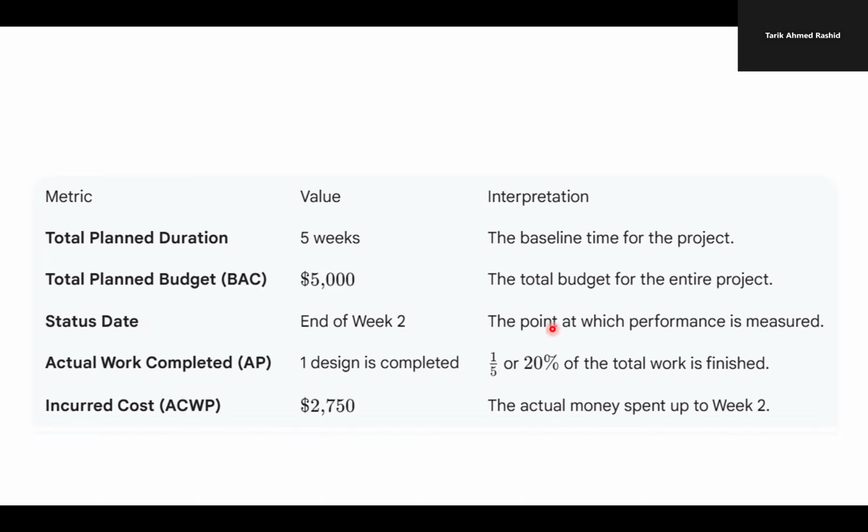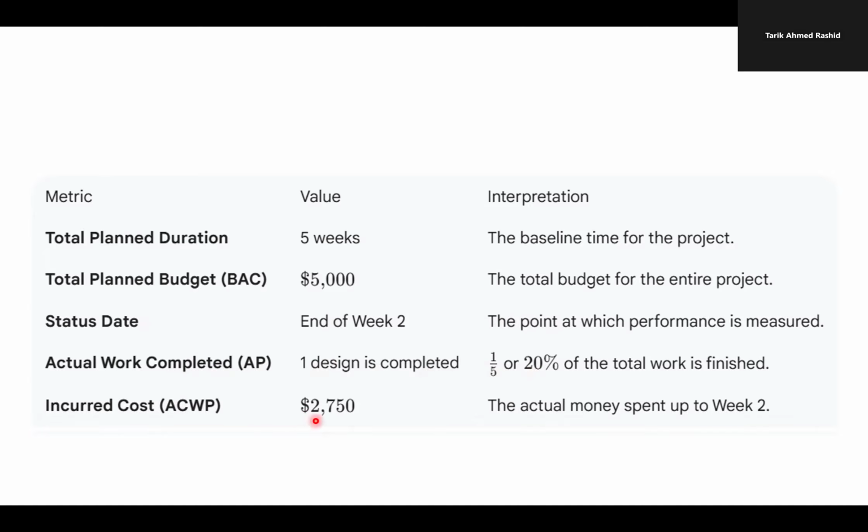At week two, the actual work completed was one architectural design. That means 1/5, because we have 5 tasks. 1/5 is completed, so 20% of the total work is finished.